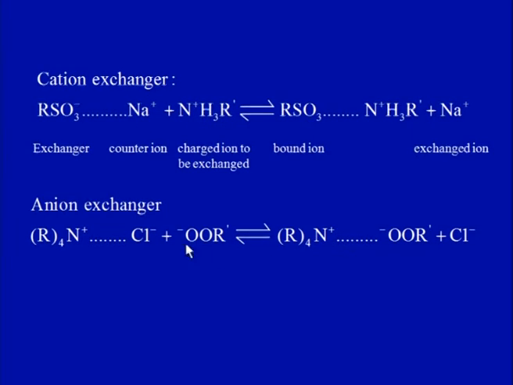Similarly in an anion exchanger, the analyte will replace the counter ion as it has higher affinity. The more highly charged the ionized molecules to be exchanged, the tighter it binds to the exchanger and the less readily it is displaced by other ions. So, this depicts the affinity of a particular analyte for the exchanger.